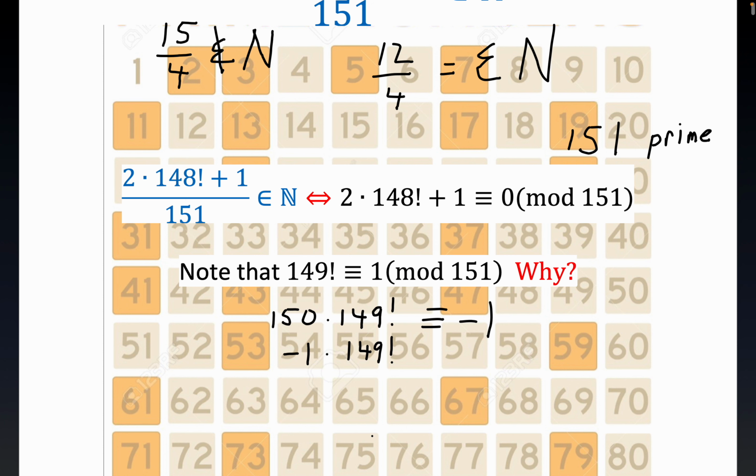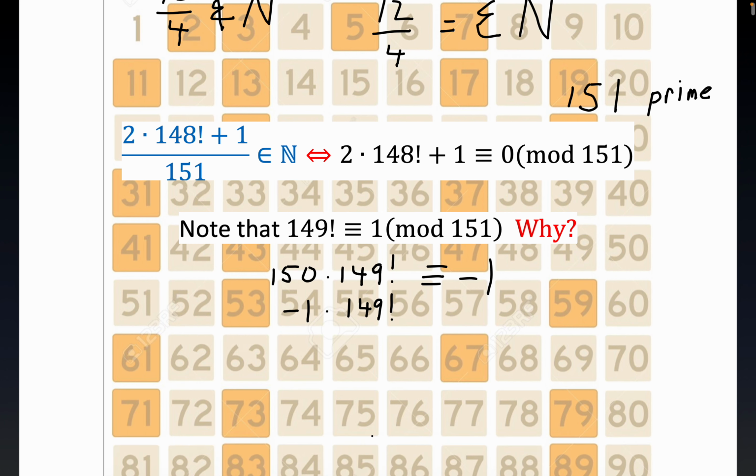Well, notice that we can write this statement right here. Let me just come here like this. We can rewrite this as 149 in much the way we just did on the previous thing here. So we can write this as 149 times 148 factorial.